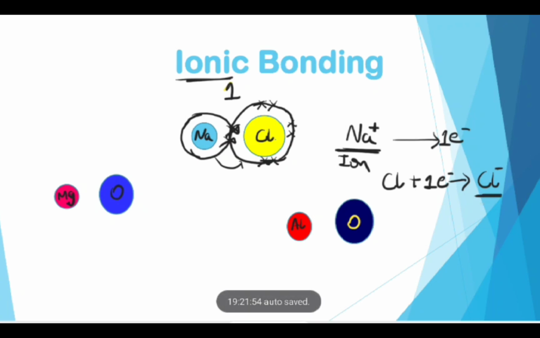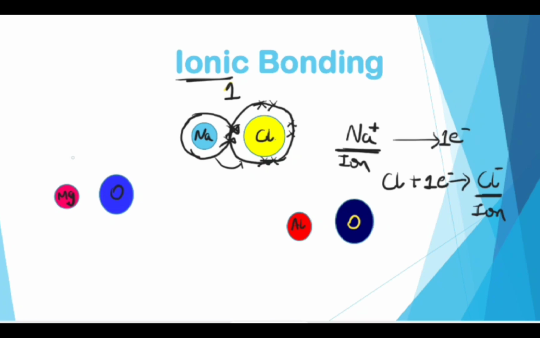This also becomes an ion. Once they give and take their electrons, they become ions, and hence it becomes an ionic bond. That's the reason why, children, I told you that a compound is formed with a combination of a metal and a non-metal.